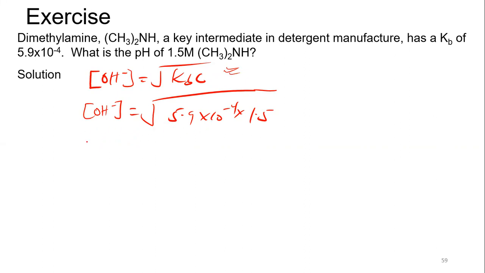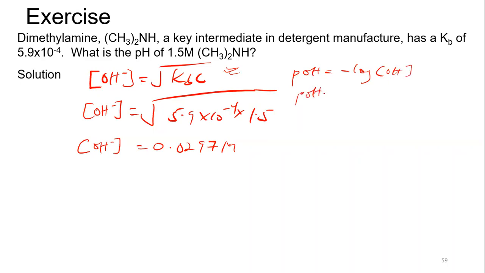So then you punch this in your calculator. So you are getting 0.0297 molar. Then you can find your pOH, which is the negative log of the OH- ion concentration.